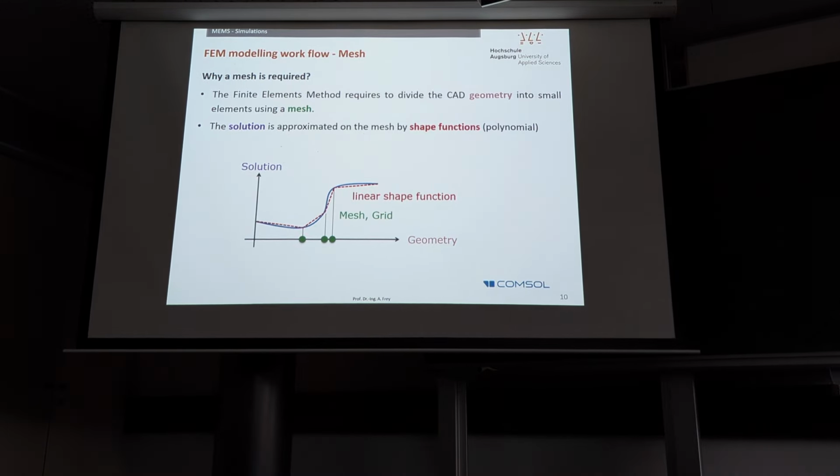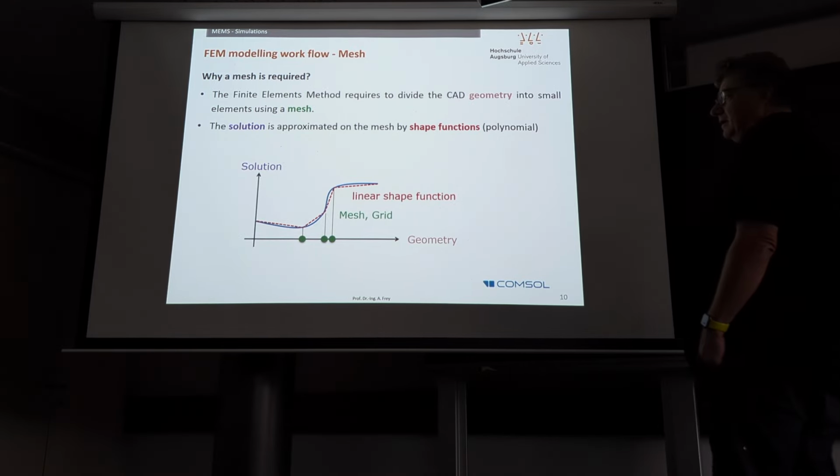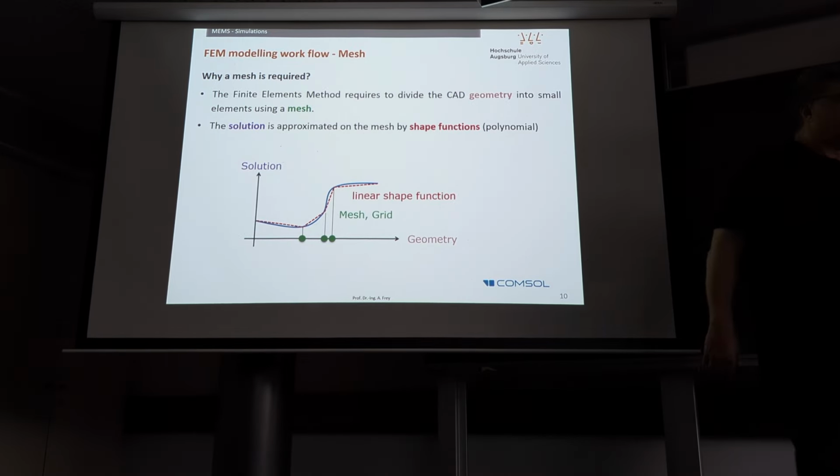And the point is, with the numerical method, we get solution values for the temperature, for the voltage, for the potential, for current, for all kind of things, only at the grid or mesh points. In between, we don't calculate. That's by nature a property of a numerical method.